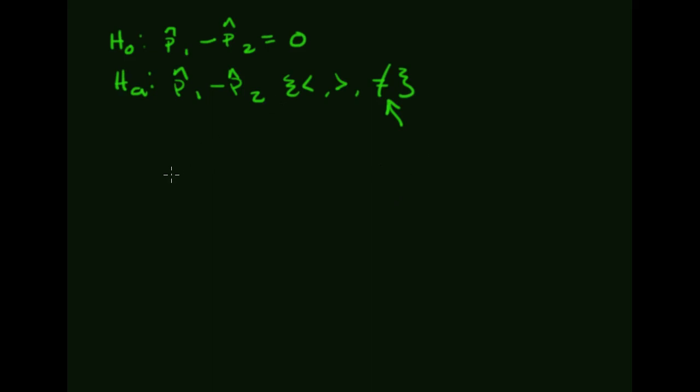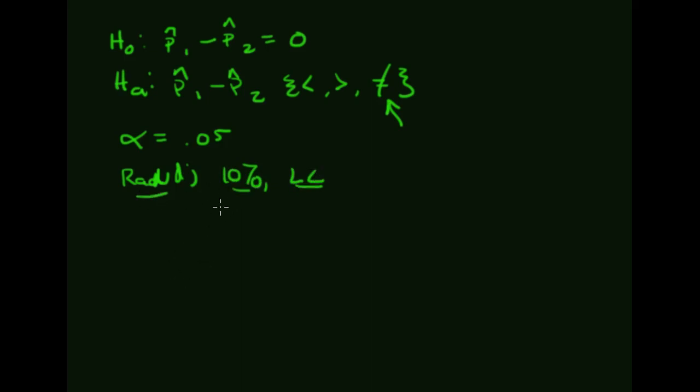So again, we've got to set an alpha. I'm going to set alpha as 0.05, and we've got to create a test statistic. We still have to make sure that our criteria are met, right? So we've checked random, we've checked 10%, we have checked large counts. All of these are in place.